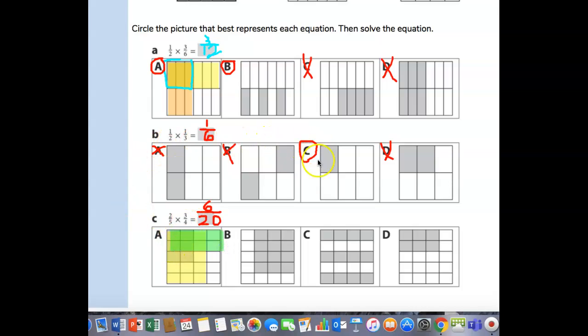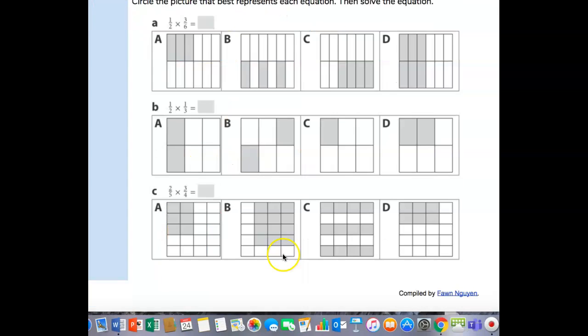Wait a minute, that's not 6/20s. 1, 2, 3. Hold on. Hold everything. Okay, guys, I see what they did on C. I don't like it when they try to confuse students, but let's take a look at what they did. Okay, so if we did 2/5, 1, 2, 3, 4, 5.